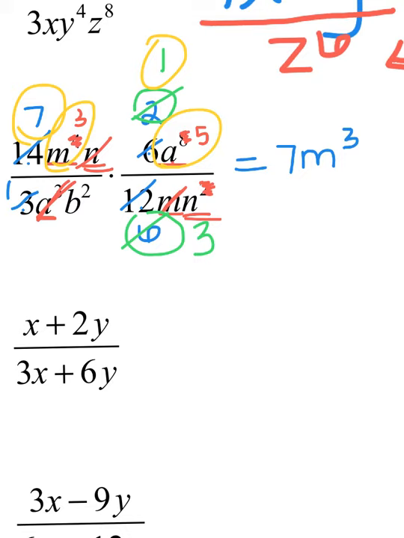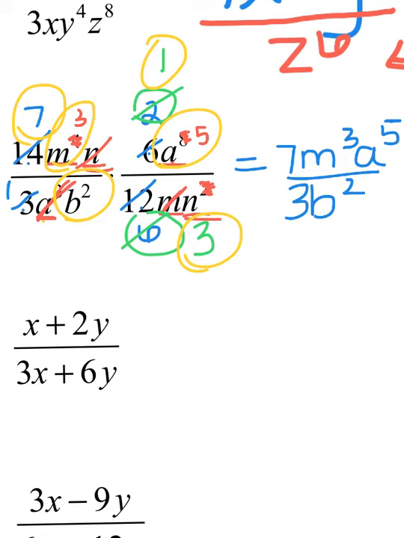And then I have an a to the 5th. On the bottom, I've got, let's see, a 1, and I don't care about a 1. We got rid of our a's here. I do have a b squared. Over here, I have a 3, and so that 3 should really go in front of the b squared. And I've got an n hanging out over here.